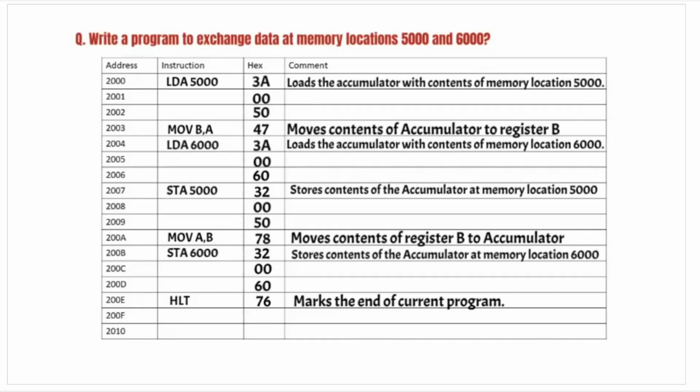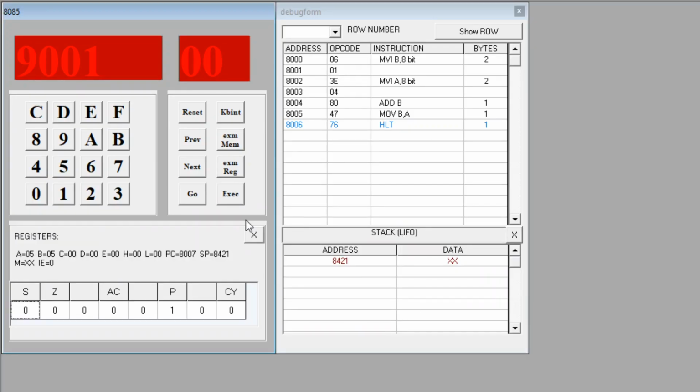Now remember, instead of 5000 and 6000, the two memory locations where I have stored data are A and B. So instead of 5000 here, I have A. So I will be entering first the least significant byte. The least significant byte is also A, and then the most significant byte, that is also A.